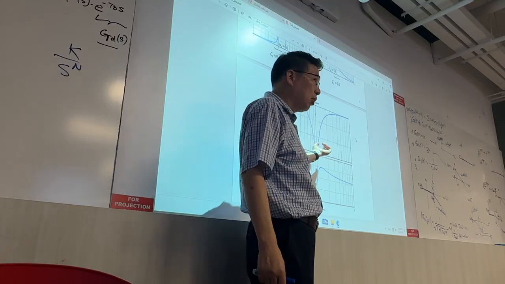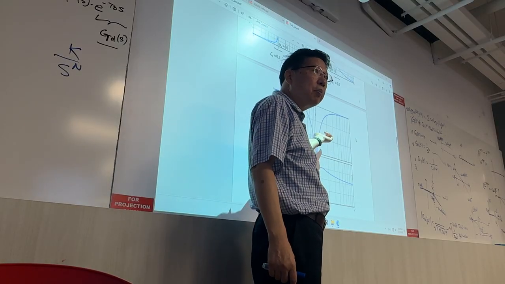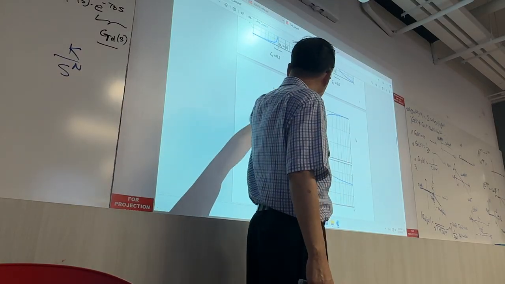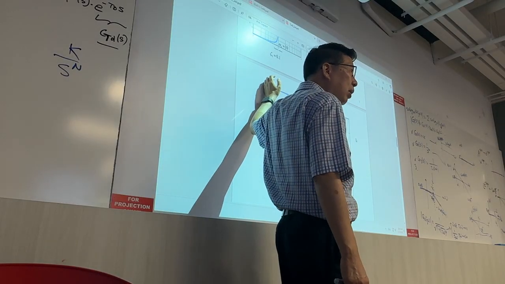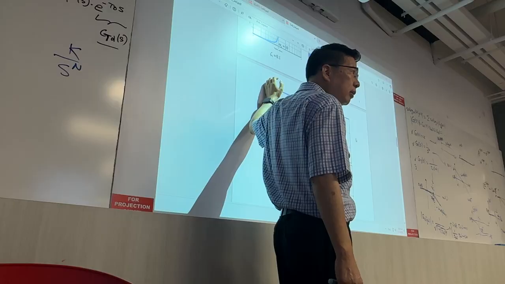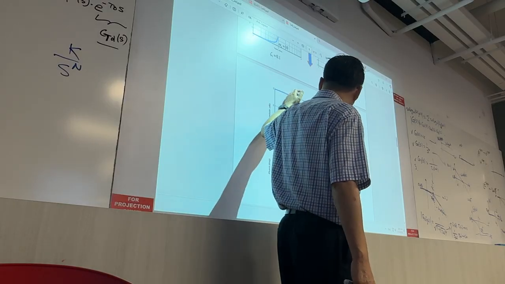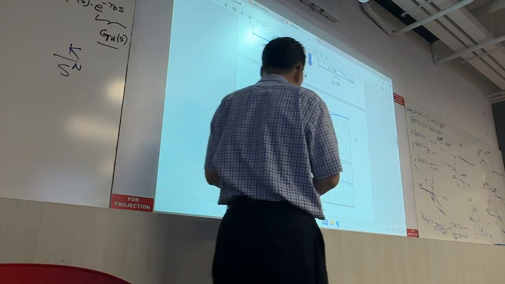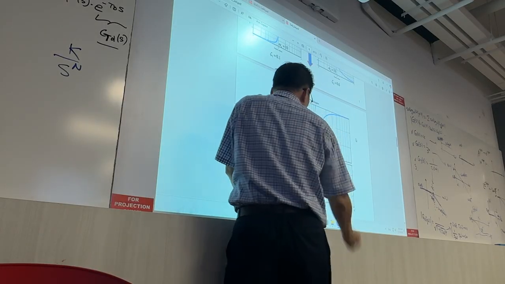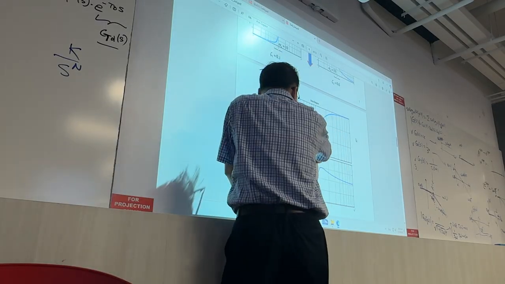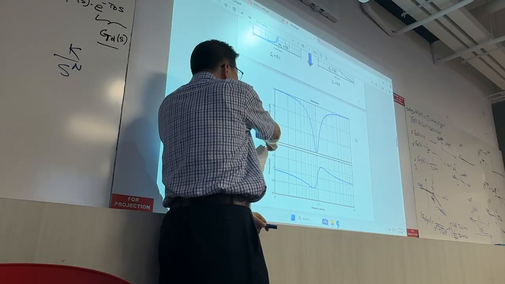So we call this a notch filter. Basically, for the low frequency signal, high frequency signal, the gain is basically 1. So this will allow the signal to pass through. And then at this range, at 10 radians per second, the signal will be filtered out substantially.